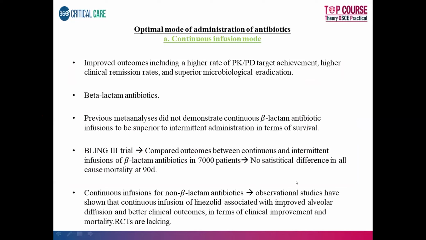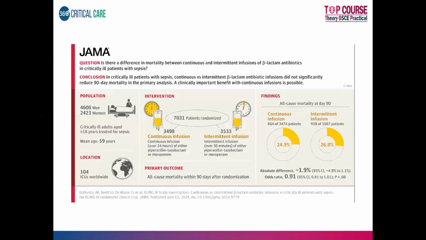These are only observational studies, and they showed that continuous infusion of linezolid was associated with improved alveolar diffusion and better clinical outcomes in terms of clinical improvement and mortality. But still, RCTs are lacking. So whether to give continuous or intermittent infusion is still in doubt. But if you want better antibiotic delivery, then continuous infusions are a better option.